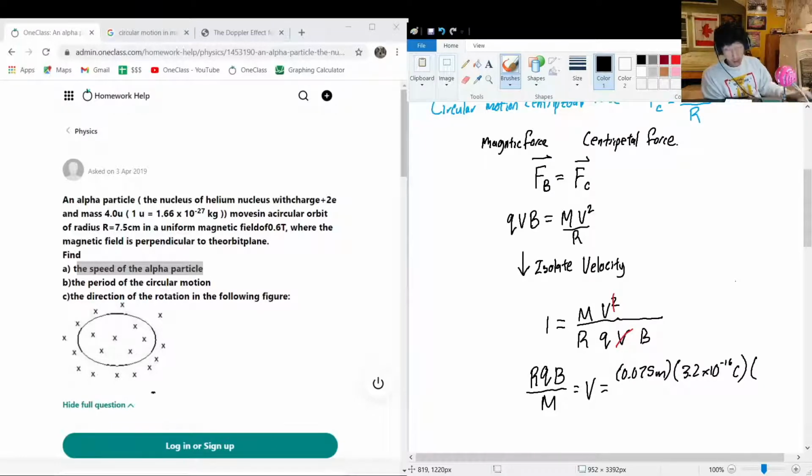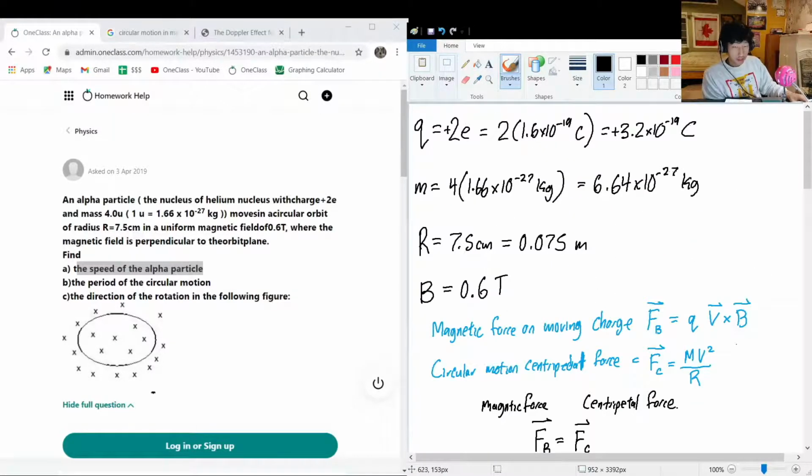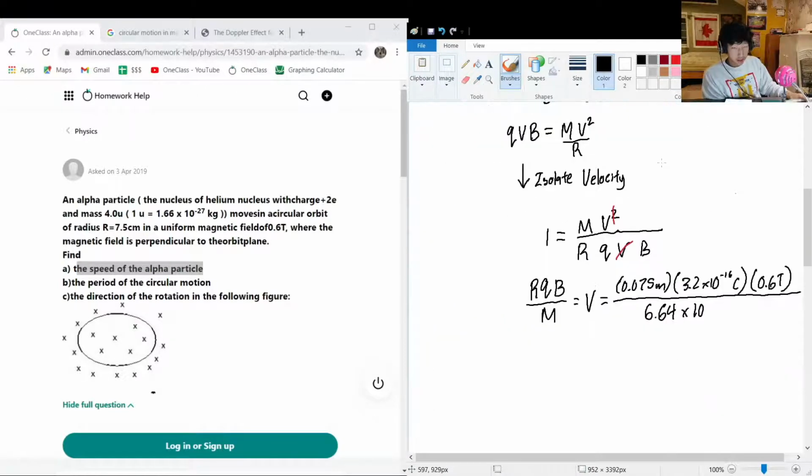Then our B value, I remember that was 0.6 Teslas. And all divided by our mass, which was 6.64 times 10 to the negative 27 kilograms. Okay, cool. So let's send that into the calculator and figure out what the numerical result of that calculation is.